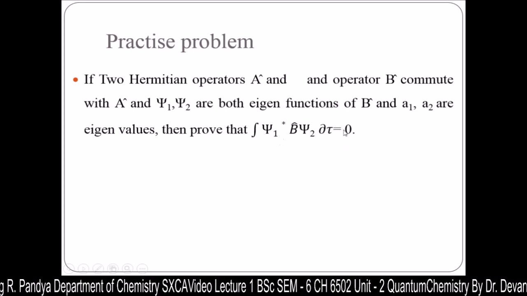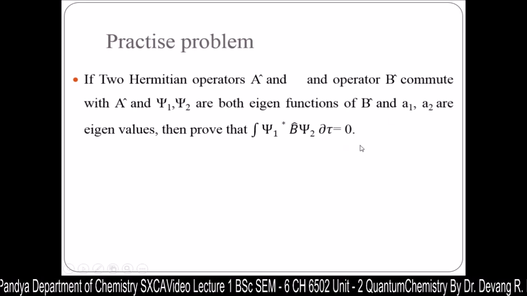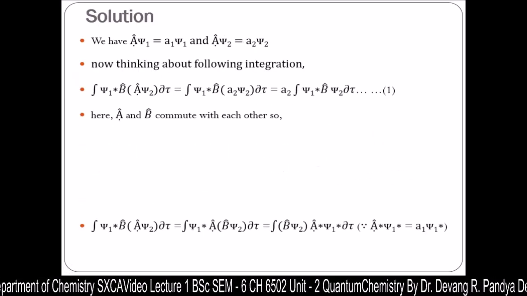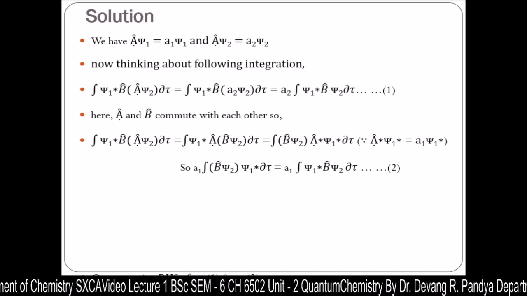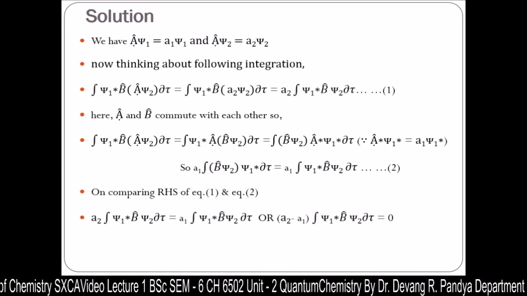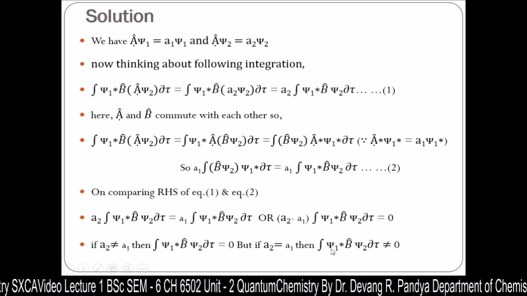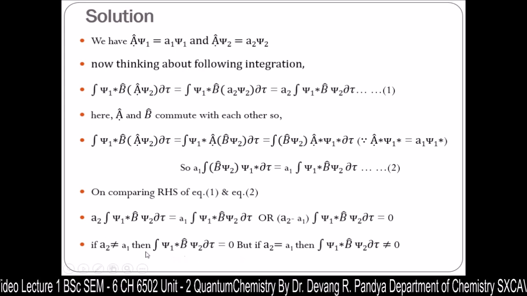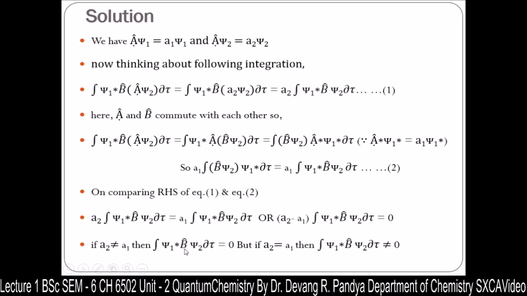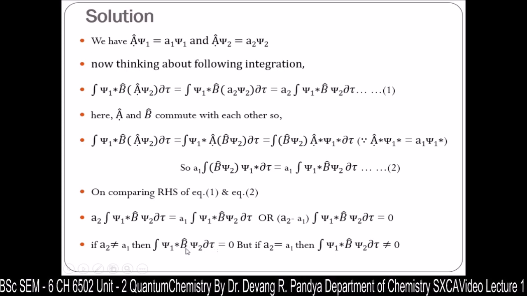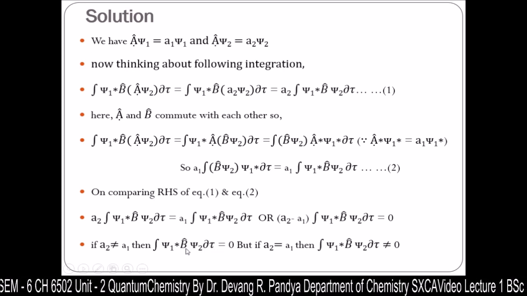This is only possible if A1 is not equal to A2. That solution we have discussed over here, and we get that relation over here. If A1 is not equal to A2, then and only then psi 1 and psi 2 are orthogonal to each other through operator B, which can be proved over here.